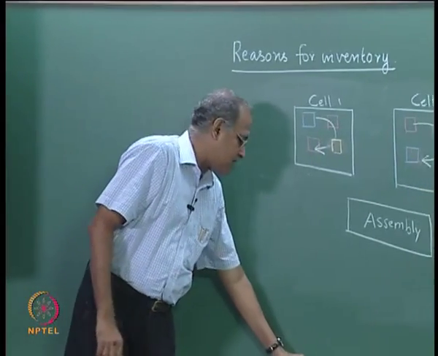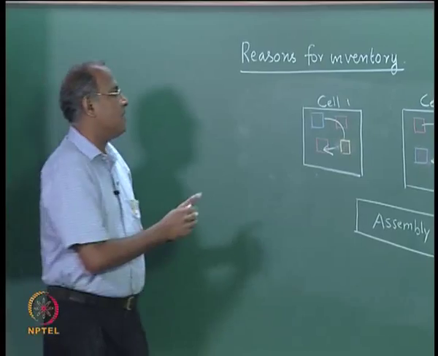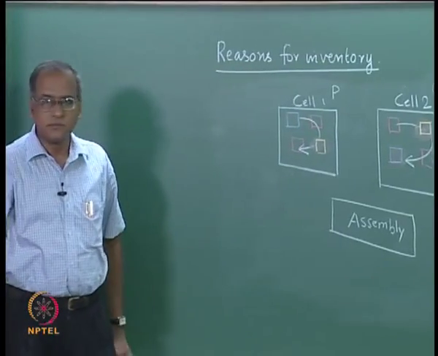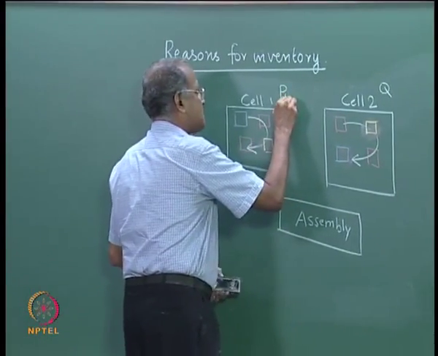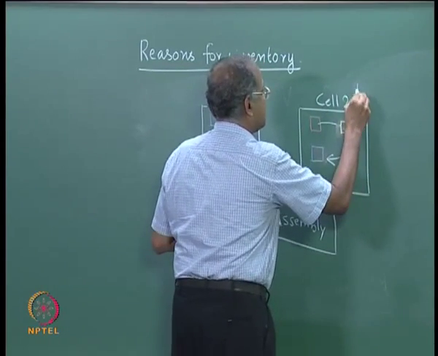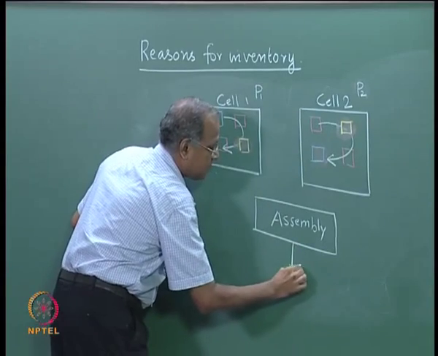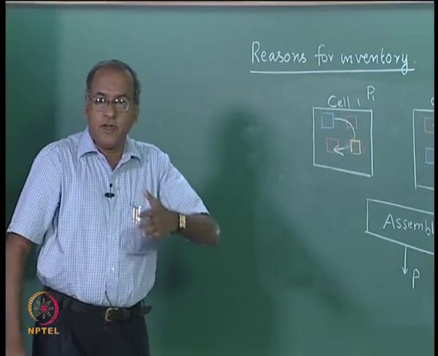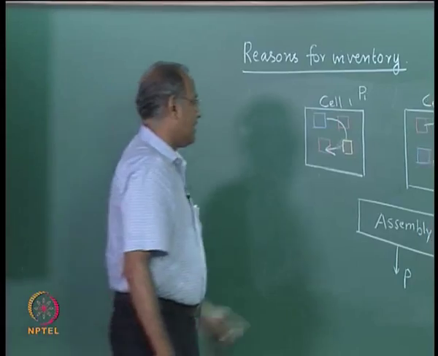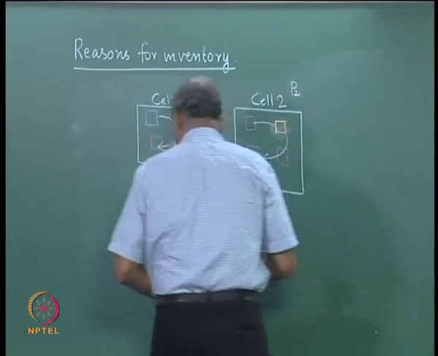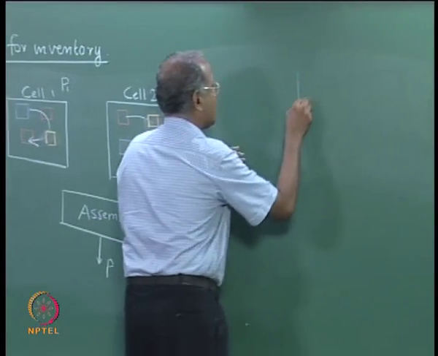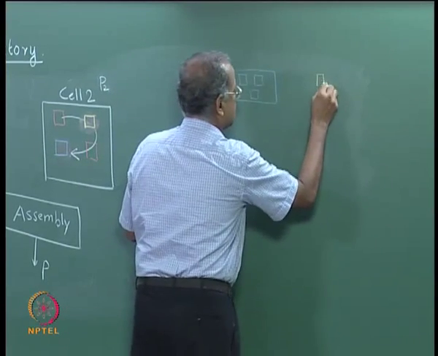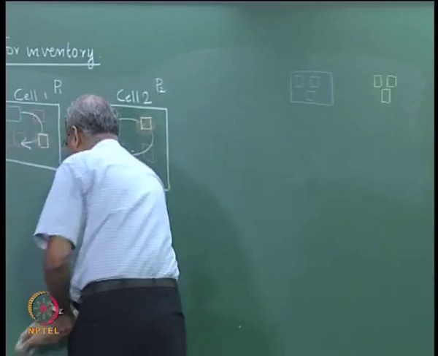So, the simplest advantage of cellular manufacturing is something that we have already seen. So, if these two, let us say we call them as P and Q, are 2 parts, or if it makes a single product, so let us call P1 and P2 as the 2 parts that will go to the assembly and finally give us a P. Now, if we do not have a cellular manufacturing system, then we would have a system like this, where all the blue machines were here, all the yellow machines were here, and all the red machines are here.